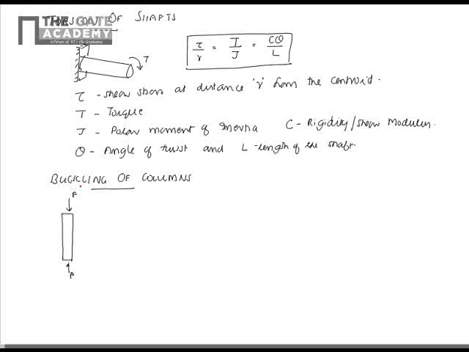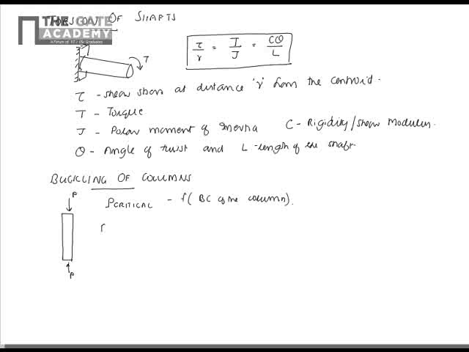And the maximum load which can be taken by the column is called the critical load, and this depends on the boundary condition used. Depending on the boundary condition, we have different values of the critical load.